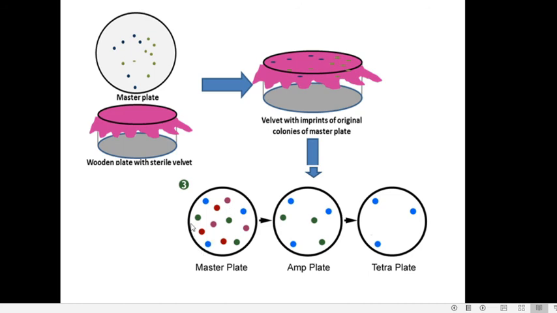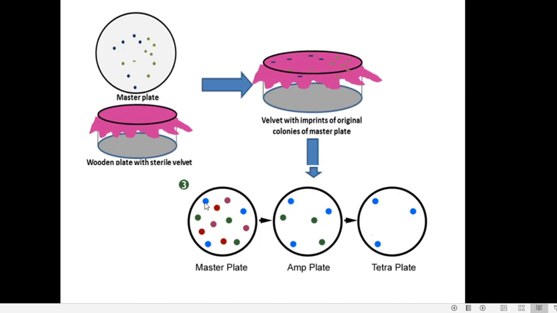So here you have a master agar plate which is containing the three types of colonies. You are replica plating it onto an agar plate which is containing ampicillin. Now in the presence of ampicillin, you can see only some of these colonies crop up. The original master plate had this many colonies.